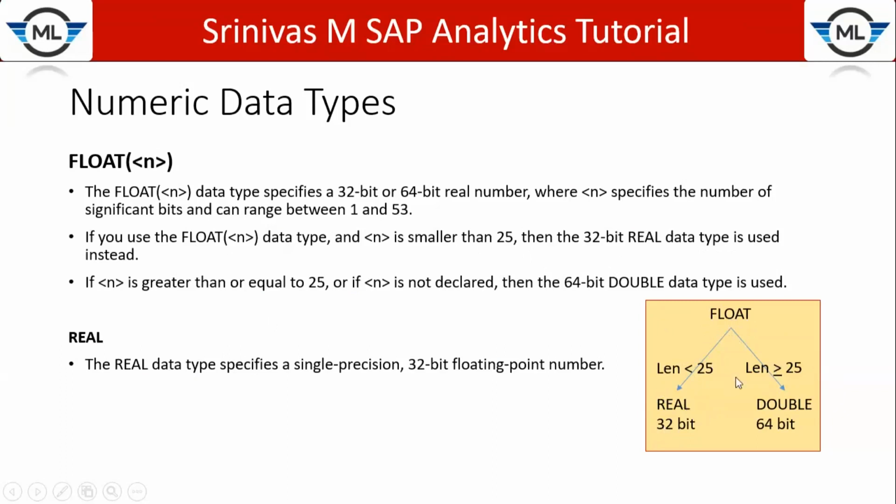And if it is greater than or equal to 25, the system considers this float as a double. So these two are merged under float only. So what is real? The real data type specifies a single precision 32-bit floating point number. So a 32-bit floating point number, we consider as a real number.